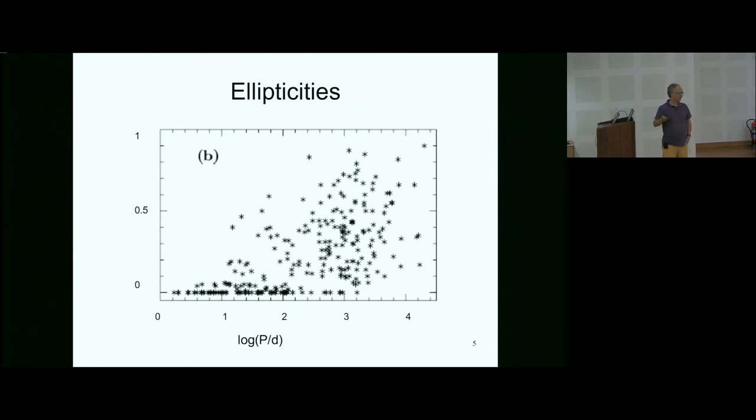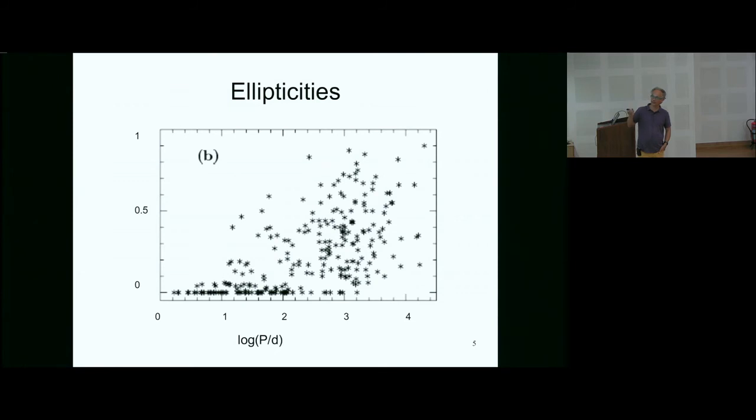So even if you take a sample of very young stars, the stars from here migrate to low ellipticities very quickly.